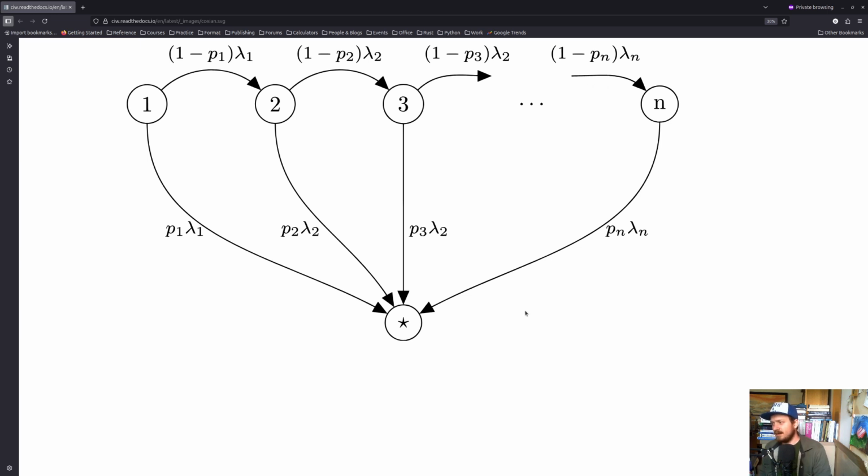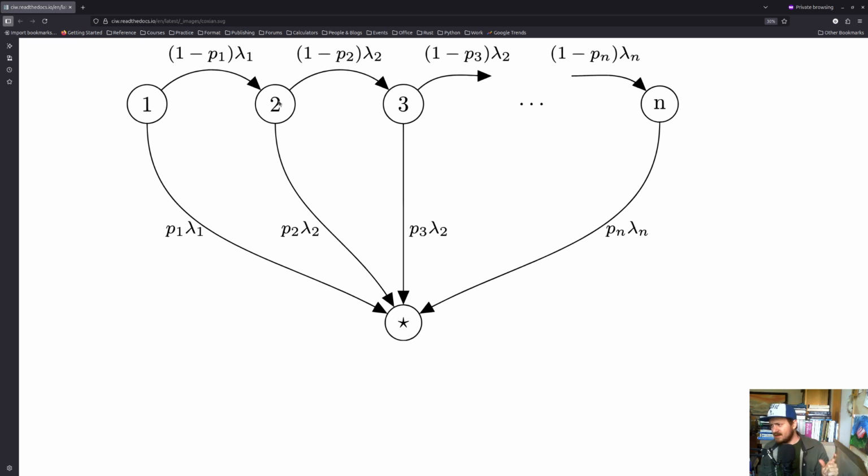So what is this like? This is like a process that's like running a gauntlet, where maybe you're trying to run from step 1 to step 2 to step 3, but there's some chance of failure. If you've ever seen people running obstacle courses, maybe you're at step 1, you pass the first challenge, so you go to step 2, or maybe you fail the first step and you've left the system, the absorption state.